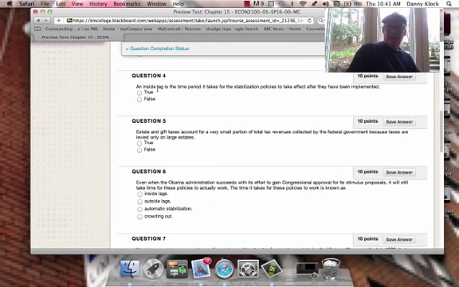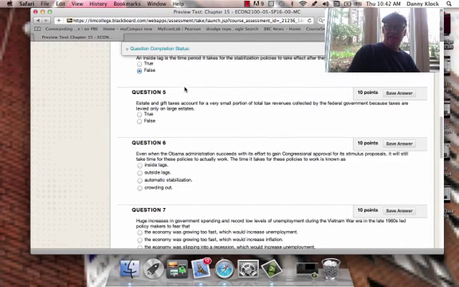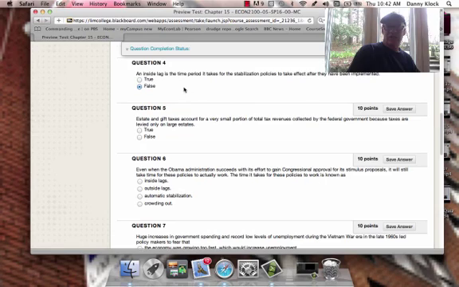Let's see, question 4. An inside lag is the time period it takes for the stabilizing policies to take effect after they've been implemented. Inside lags are before, so this is false. So again, inside and outside lags. This is again what the Hayek, Austrian economists say.